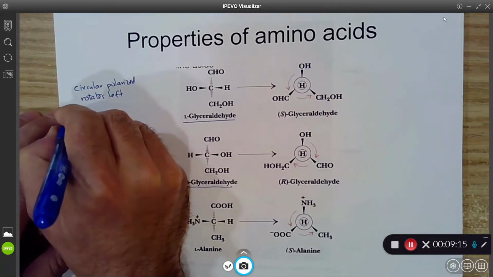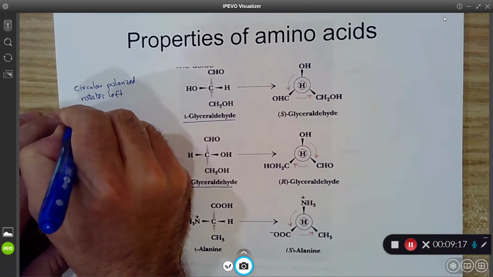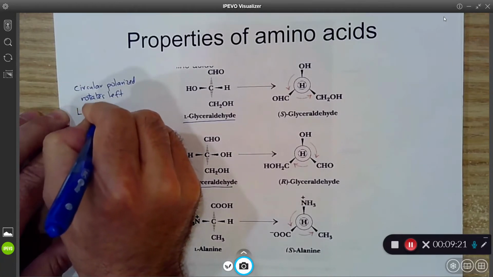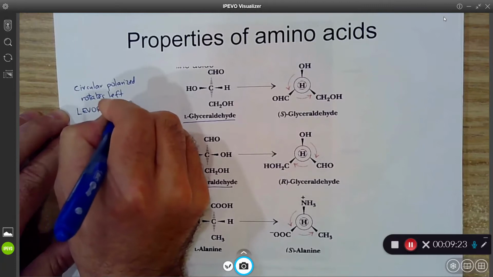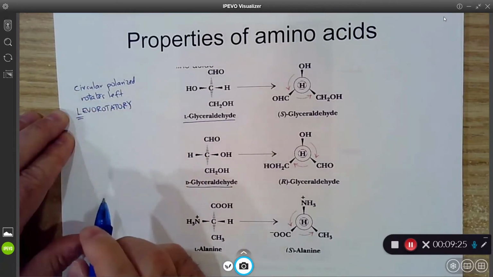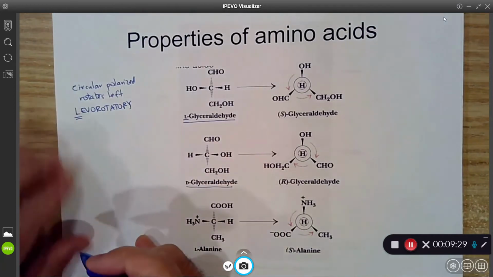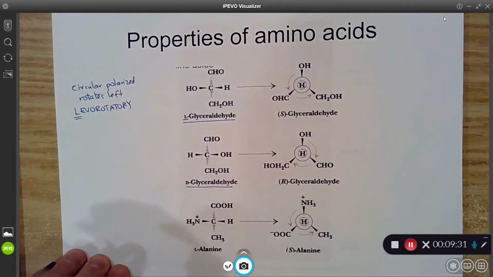This is known as levorotatory. The L comes from levorotatory, and that's why it is called L-glyceraldehyde.